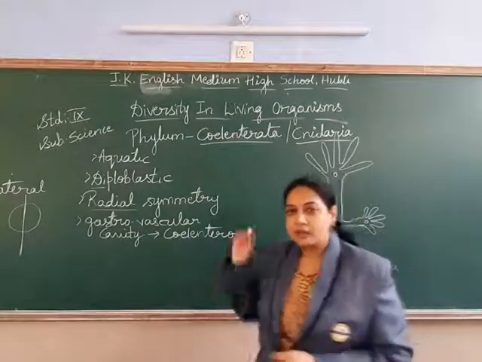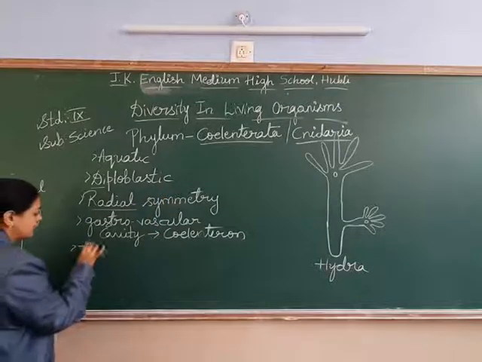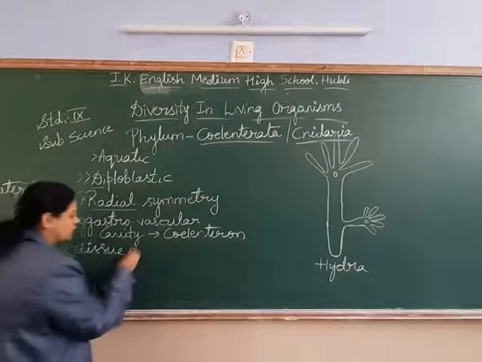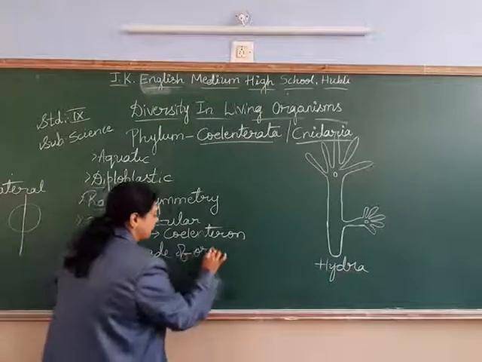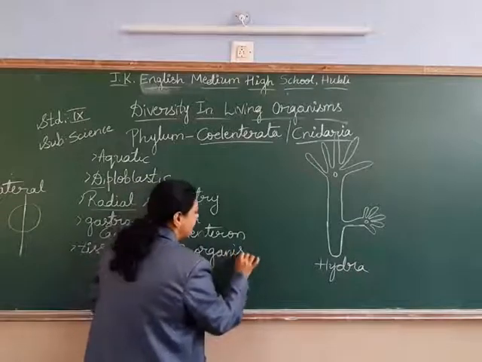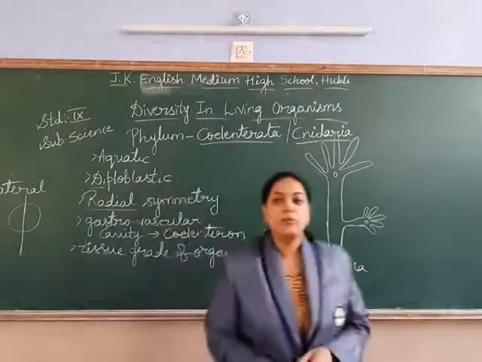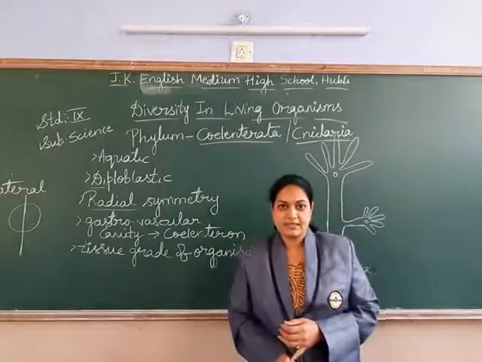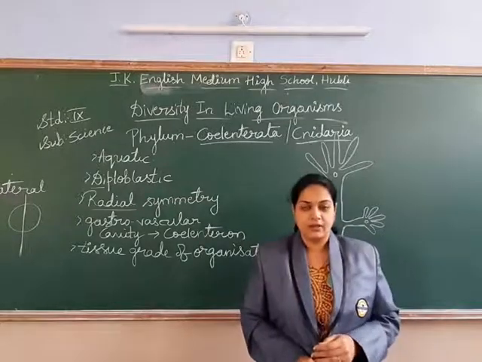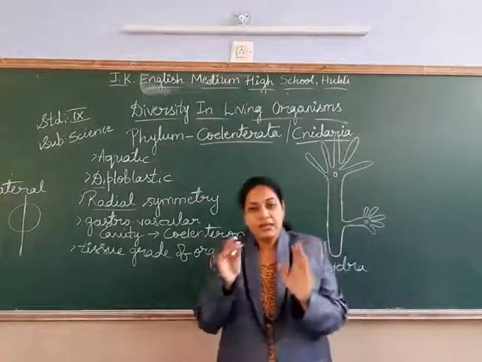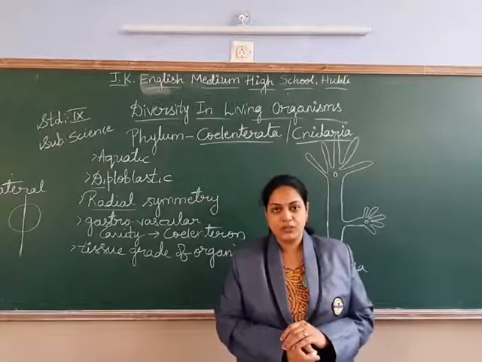The body has a tissue level of organization. Tissue grade of organization. Hope you remember in phylum Porifera, we discussed that these have a cellular level of organization. Means what, students? Only different types of cells you used to get. There is no formation of tissue, right?